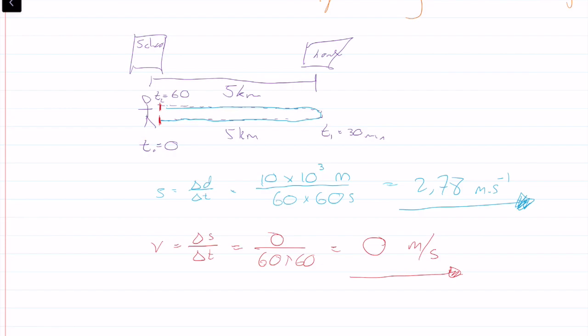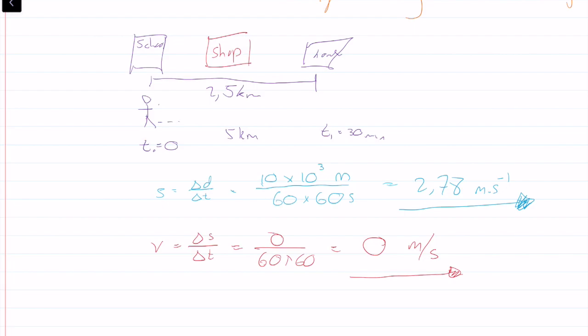But let's change the scenario a little bit. Let's say that she walks to a shop in the middle, which is half the distance away, so 2,5 kilometers, and let's say it takes her 20 minutes to get from home to the shop. This time her path would look something like this.